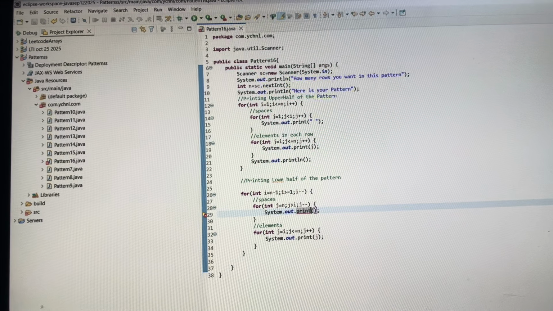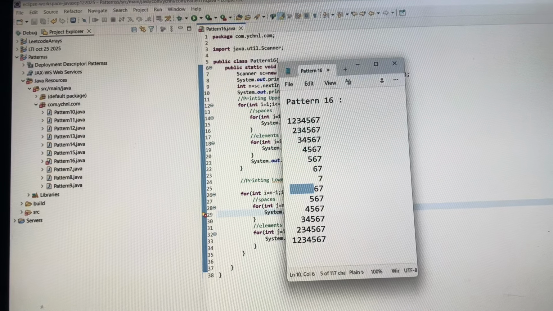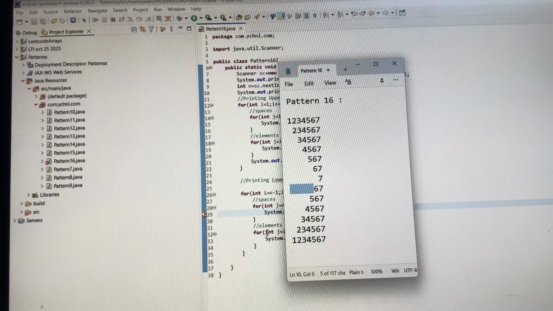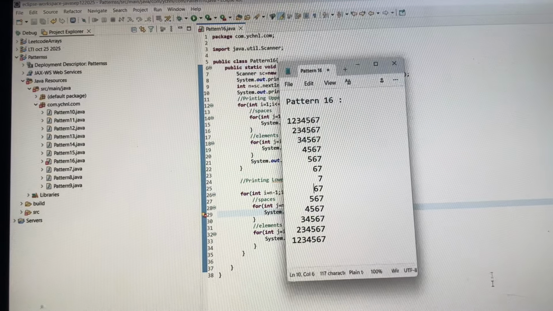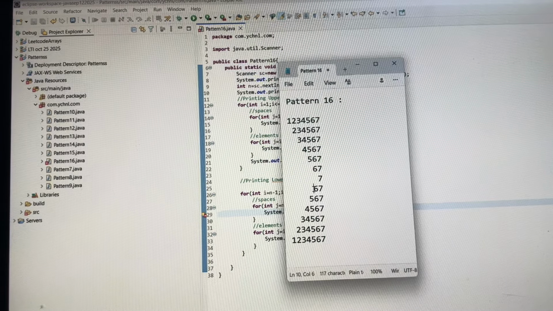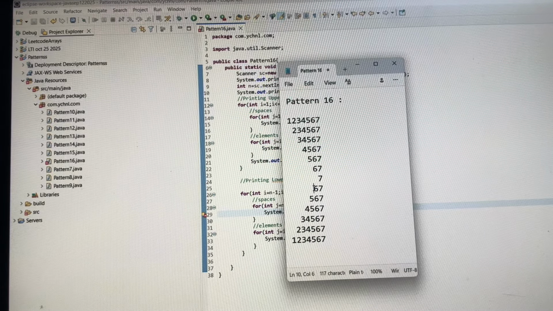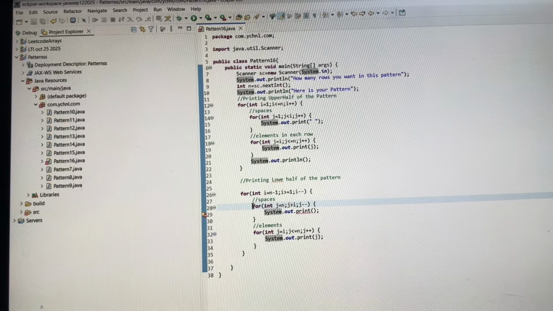So j is also, you should say, space. In the first row, how many spaces? You should print 5 spaces, right?